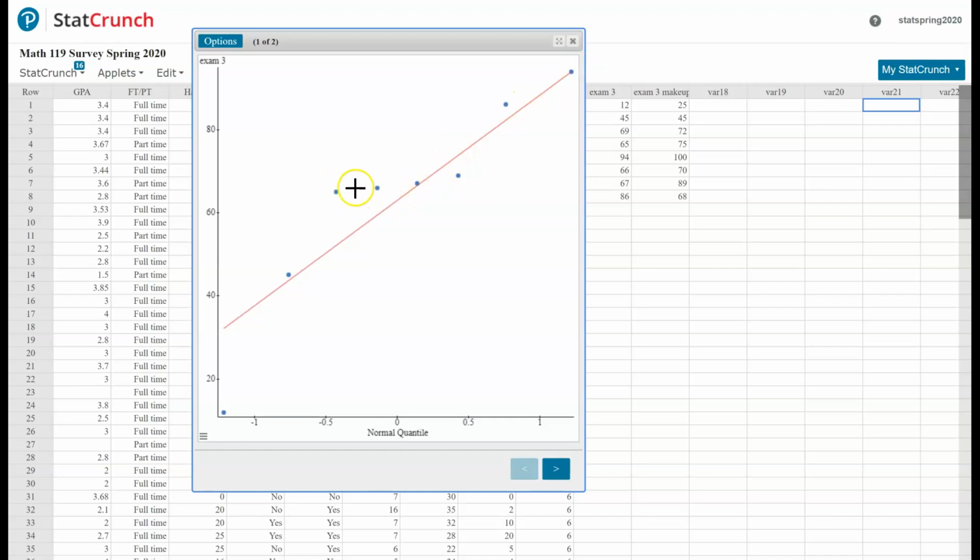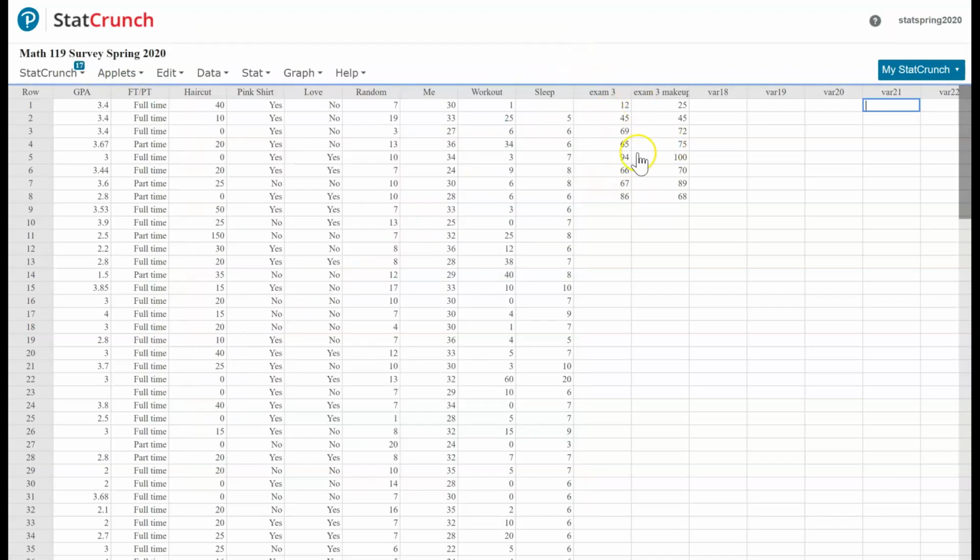These two, I'm not sure, but they're somewhere in there. So maybe there's a little bit of normality, but we don't have a lot of data. Let's say it's probably not as normal. They're not on the line, so you want to say that in your project.